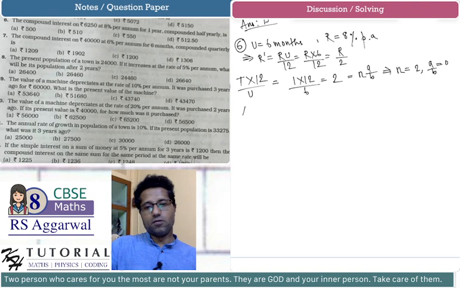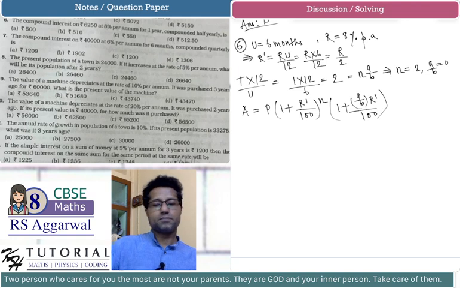So the general formula for the amount is A equals P multiplied by 1 plus r dash by 100 to the power n multiplied by 1 plus the fraction a by b r dash by 100. Now r dash is equal to r by 2, so we have r by 200.